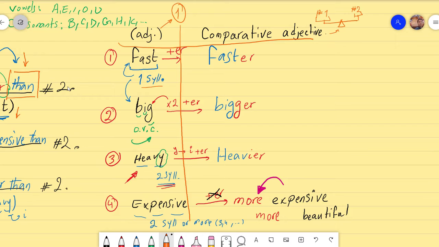Very good. There is another group, but that's not a rule. They are irregular adjectives. Like what? Like, for example, good. What is the comparative of good? Better. B-E-T-T-E-R. Bad.